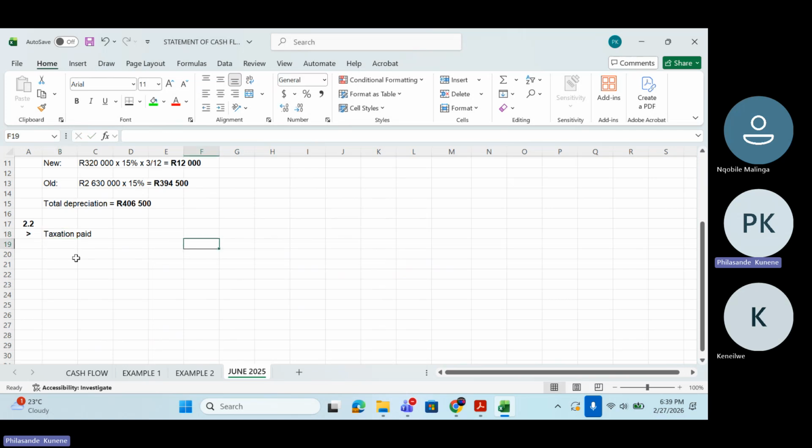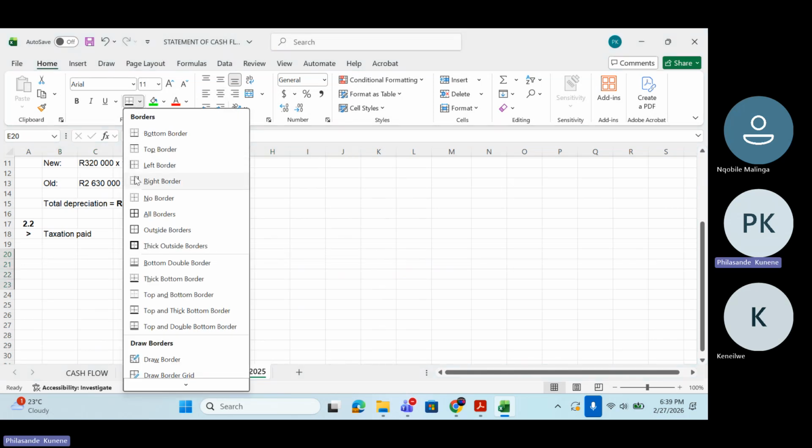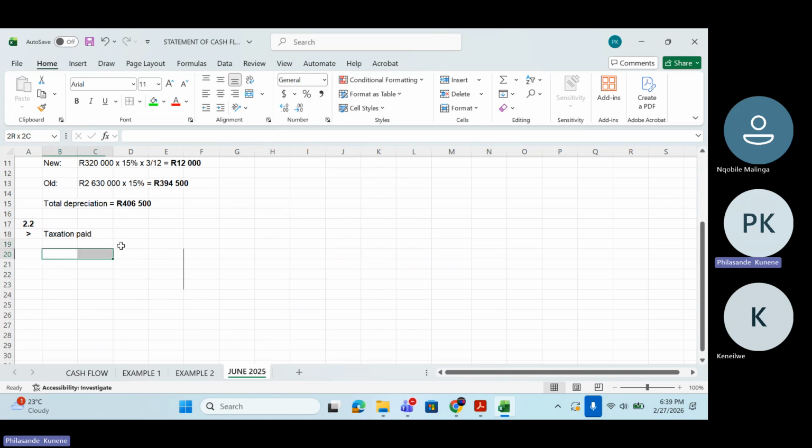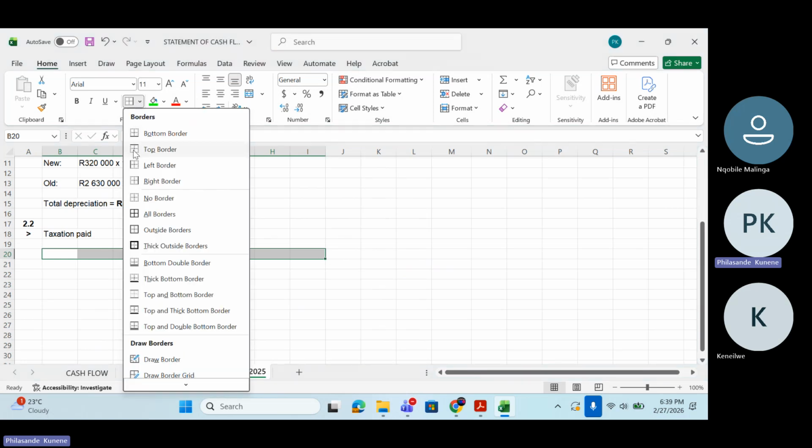When we're doing this taxation paid, I want us to do a T account so that we can get the amount.